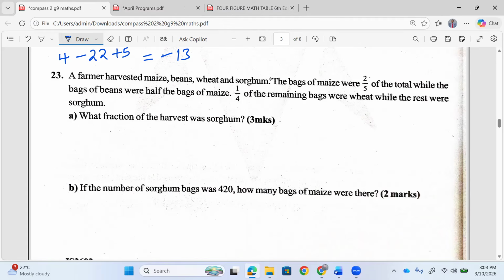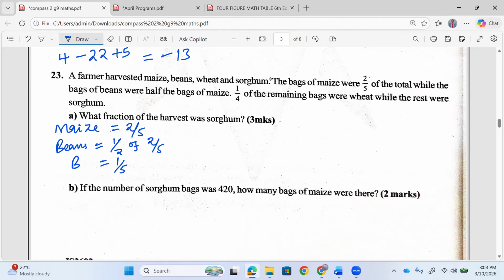So let us distribute these fractions to the cereals to which they belong. Maize, 2 over 5, while the bags of beans were half the bags of maize. So beans shall be half of 2 over 5, which means half times 2 over 5, making it 1 over 5 of the total.